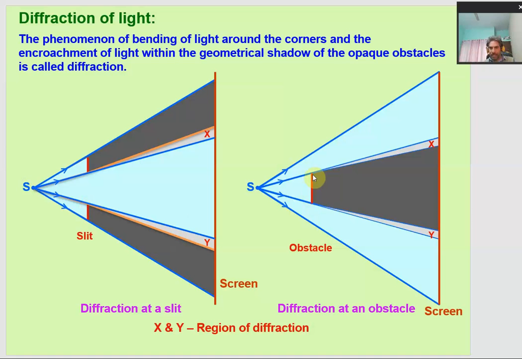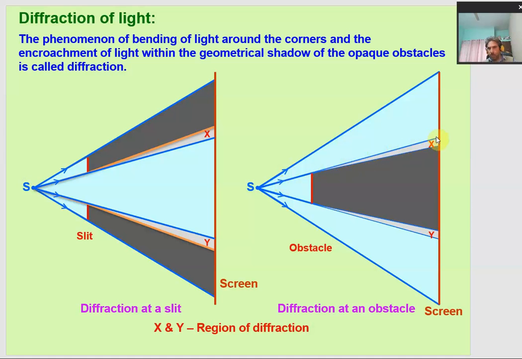A similar case is observed whenever in place of this opening there is an object, right? The size of this object and this opening should be small enough, so small that it is comparable to the wavelength of the light being used. In this second situation, where we have some object, if light travels along a straight line in the form of rays, then it should illuminate only this portion of the screen given by this line.